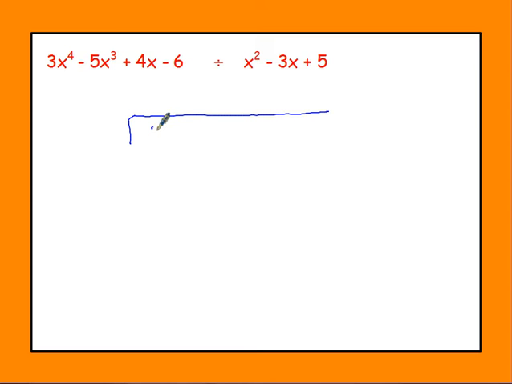So my dividend here is 3x to the 4th power minus 5x cubed plus 4x minus 4. And this time I'm going to divide by x squared minus 3x plus 5. Notice my divisor is getting bigger, and that's okay. The process stays the same. So x squared times what will give me 3x to the 4th power? And that would be 3x squared. Now I'm going to multiply.